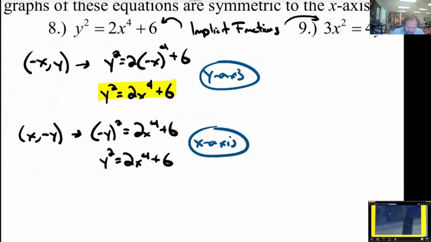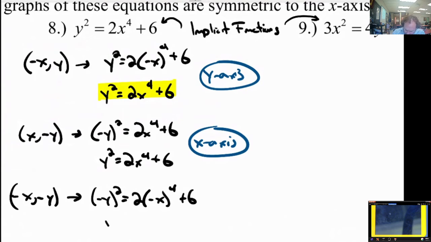Since we just tested both of those, since it has x-axis and y-axis symmetry, it will also have rotational symmetry. If you plug in negative x, negative y, the same thing happens again. You get negative y squared equals 2 times negative x to the 4th plus 6, and this gives you the original equation back: y squared equals 2x to the 4th plus 6. So it's got origin symmetry also.